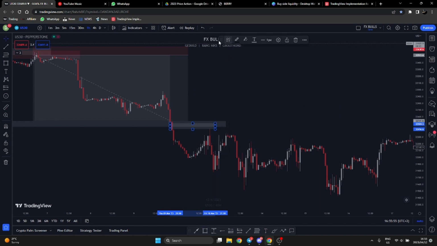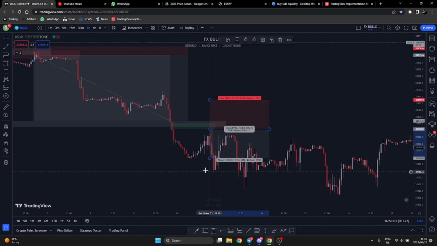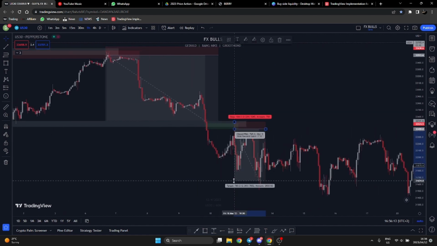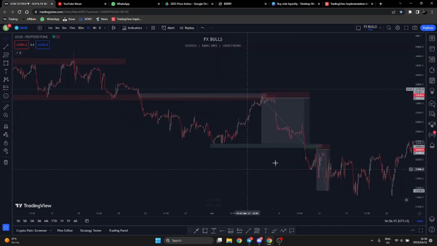Here's an FVG as well. So I would have sold from the FVG, as I'm a smart money concept trader, but you could have waited for the resistance to be tapped. But yeah, in this scenario, it hasn't been tapped, which is no problem. And then you just sell it off further.